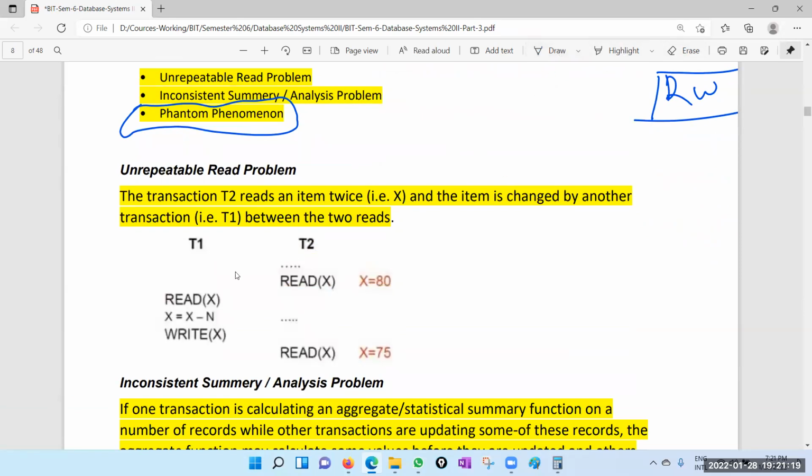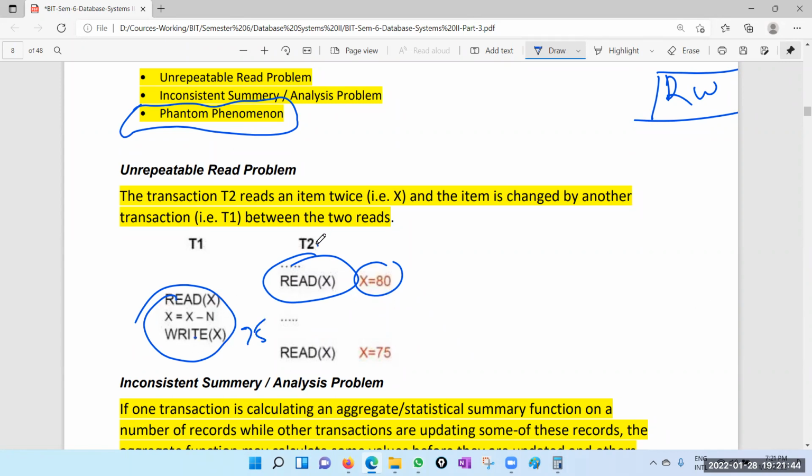Transaction 2 has read it. Say X value is 80. Now transaction 1 has done some changes, writing. So now it is no longer 80. It is now something like 75, because assume this guy has reduced it by 5.